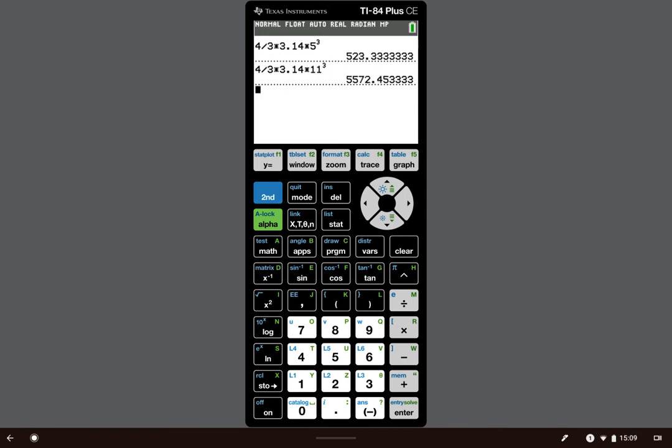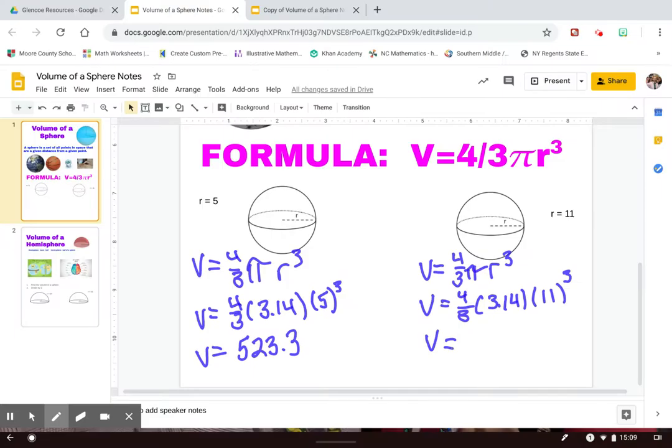And there's your answer, 5,572.45 with 3 repeating. We're going to round to the tenths position, so that gives me an answer of 5,572.5. So that's how you find the volume of a sphere.